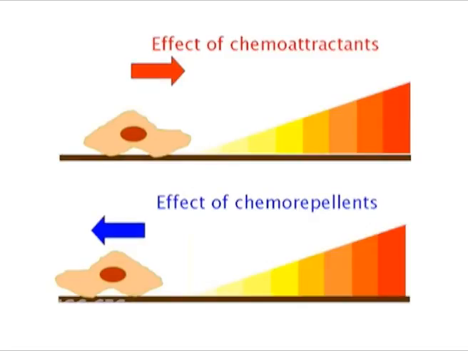Directed movement of bacteria either towards a chemical attractant or away from a chemical repellent is termed chemotaxis. The concentration of these materials is detected by chemoreceptors on the surfaces of bacteria.